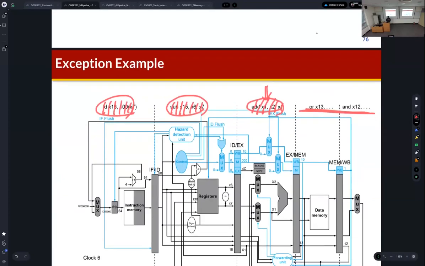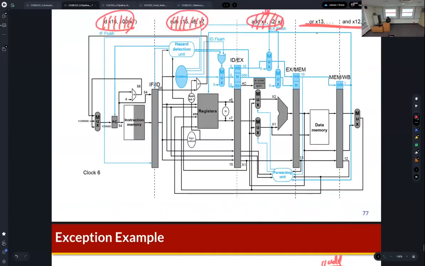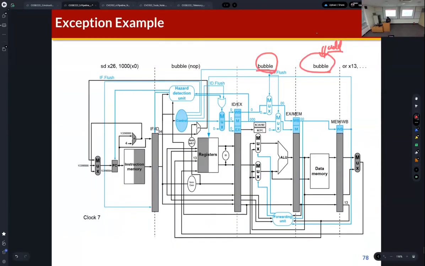So after 1 clock, this add instruction is flushed, so you can find a bubble here. This is the bubble made by the add instruction, because the add instruction is flushed. Then this is the bubble from which instruction? The sub instruction is also flushed, and then this is the bubble from the load instruction.